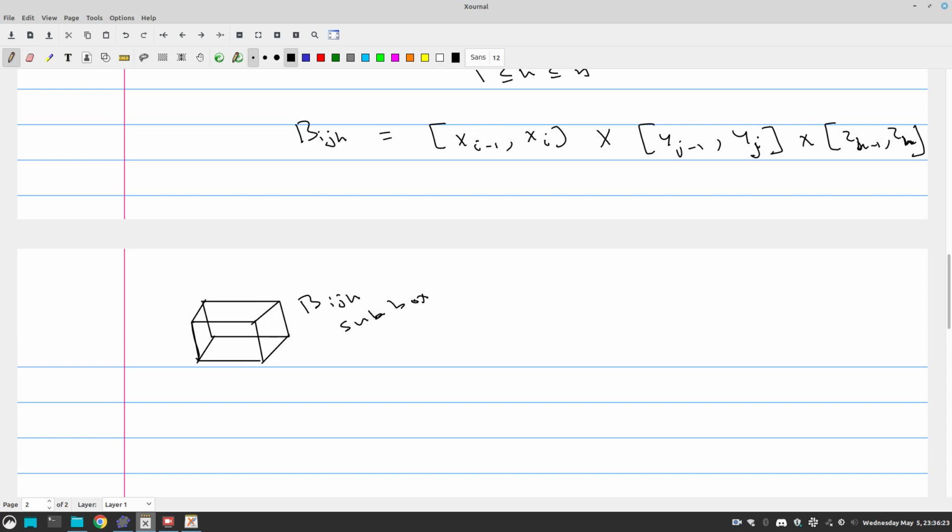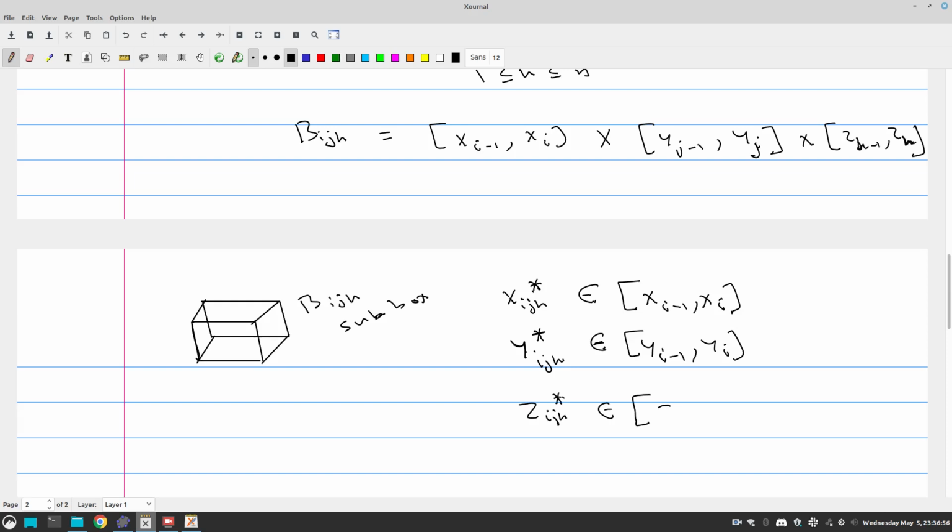Here xijk star is in the interval x(i-1) to xi, yijk star is in y(j-1) to yj, and zijk star is in z(k-1) to zk. This sub-box has a volume of delta x times delta y times delta z.